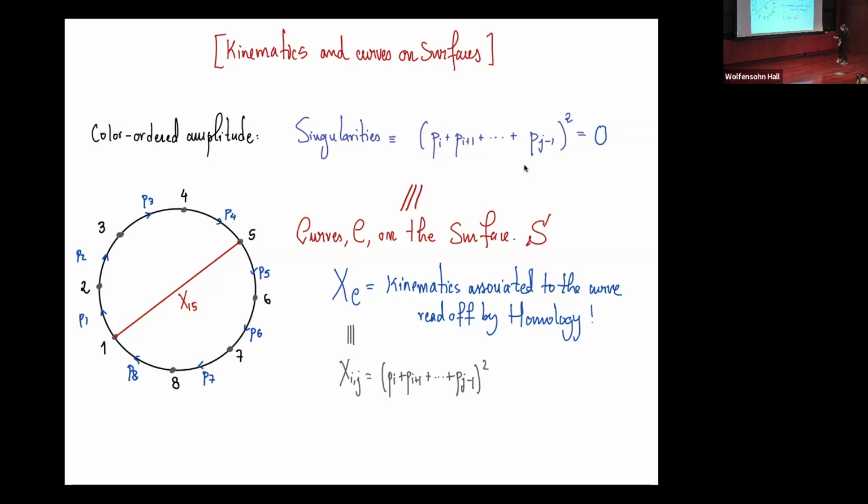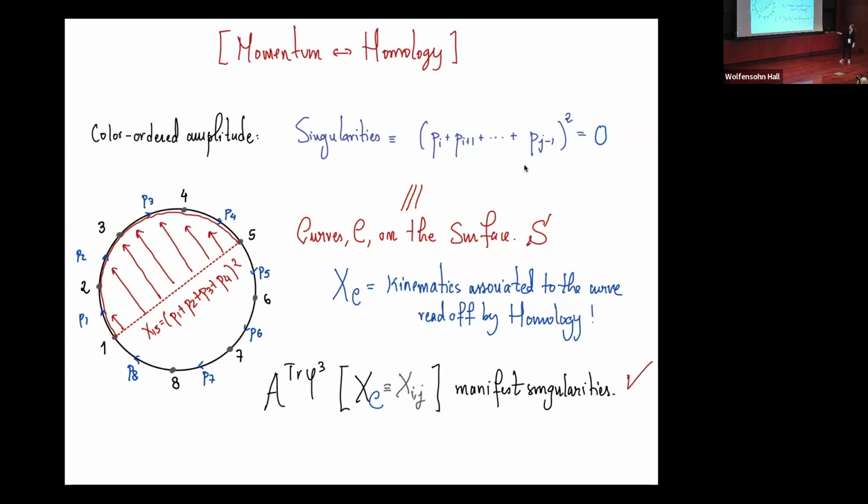This curve x15 can be deformed into this boundary curve whose momentum is just a sum of the momenta of the boundary curves. And so this xc that I associate to the curve c is precisely one of these invariants that appears as singularities on the amplitude. If I write the trace phi cubed amplitudes in terms of these variables, I make manifest the location of the poles.